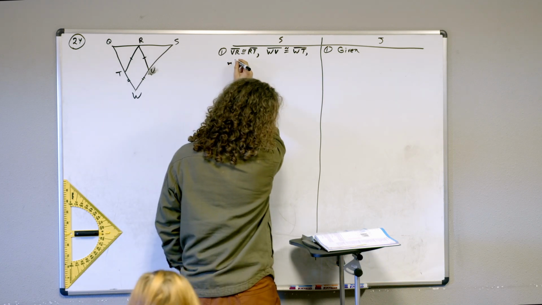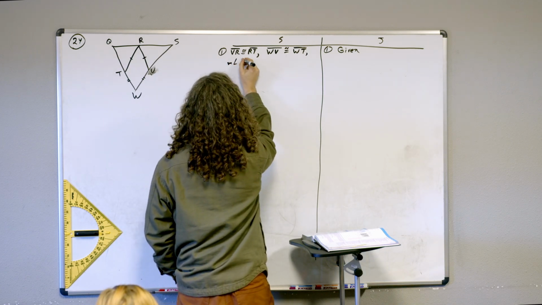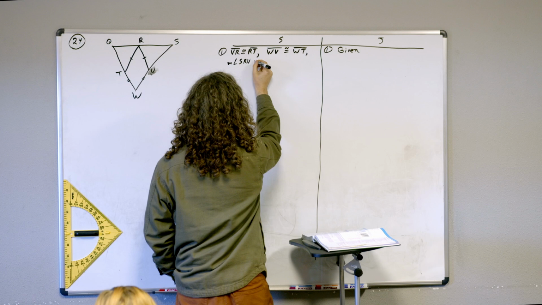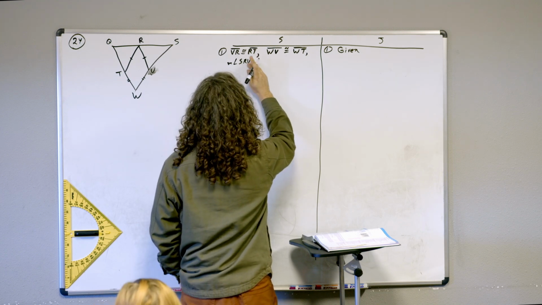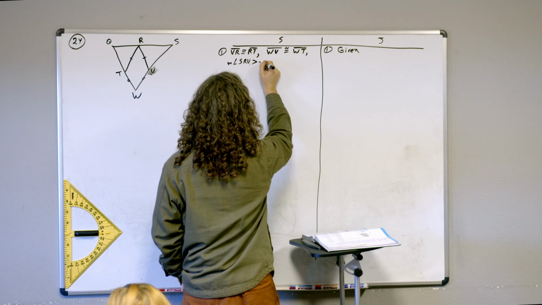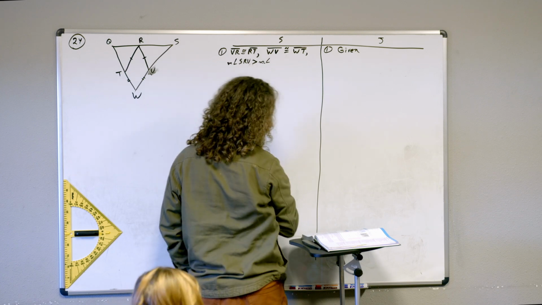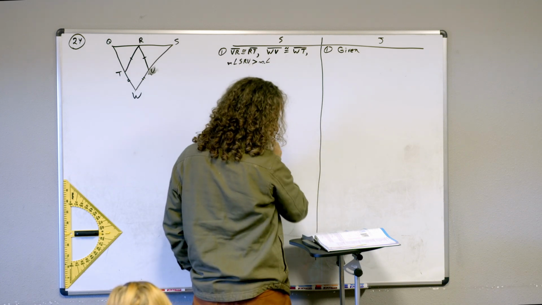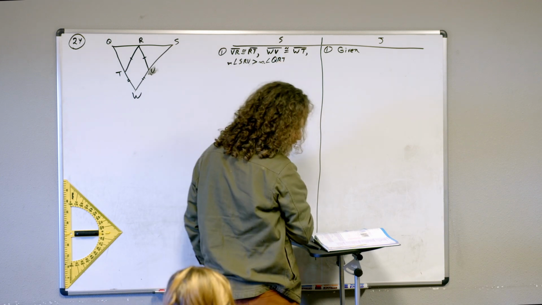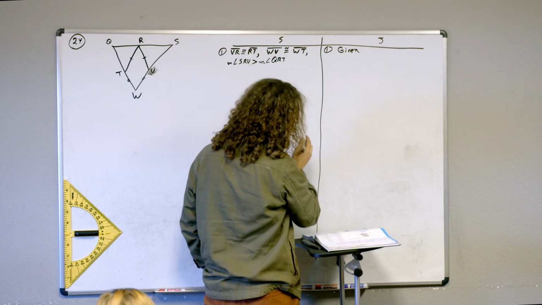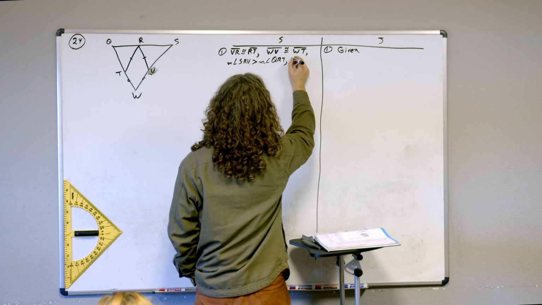The measure of angle SRV is greater than the measure of angle QRT. And finally, wow, lots of givens.